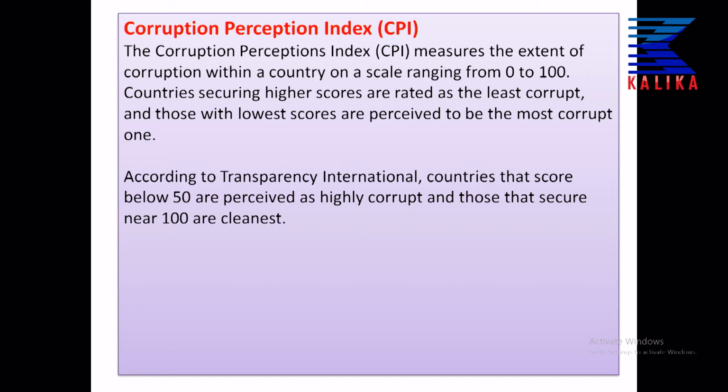Generally, the CPI is published by Transparency International, and according to Transparency International, the countries that score below 50 are perceived as highly corrupt, and the countries which score near 100 are called the cleanest countries in the world.